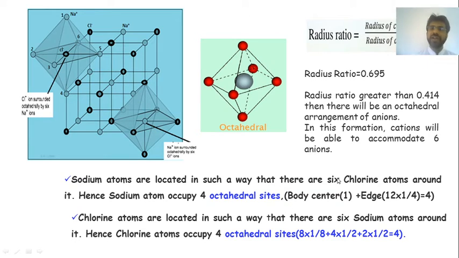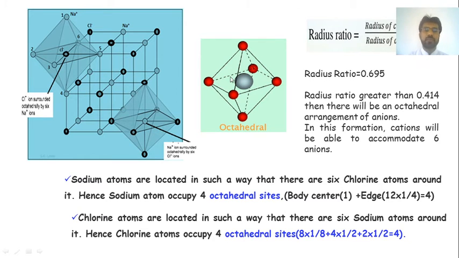Now if the radius ratio is greater than 0.41, then there will be an octahedral arrangement of the anions. So in this type of structure, we can see that the cations will be able to accommodate 6 anions.